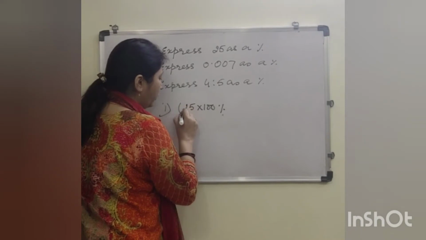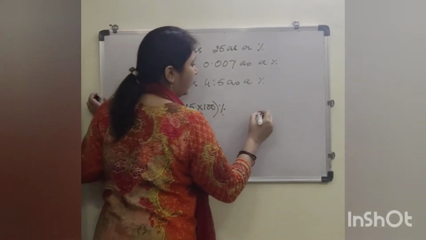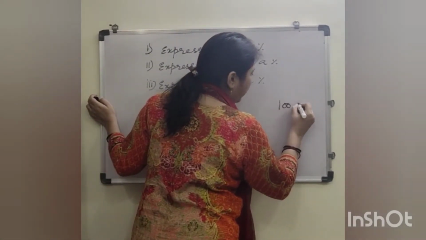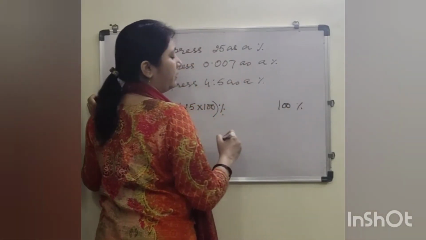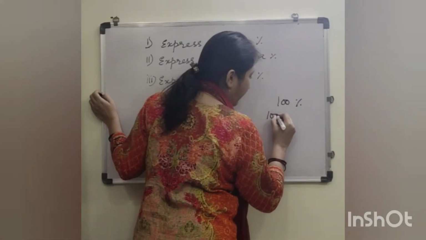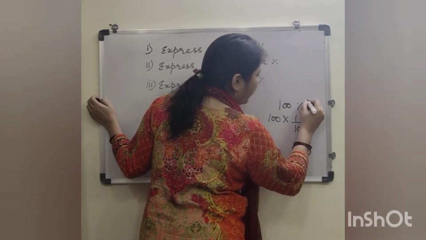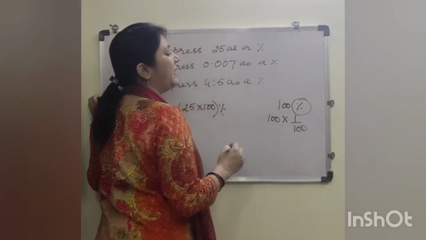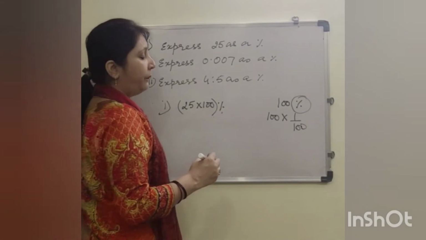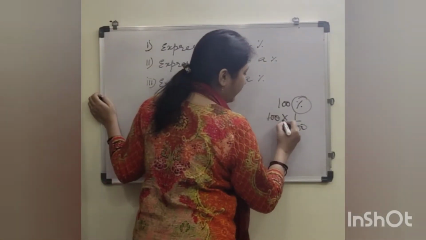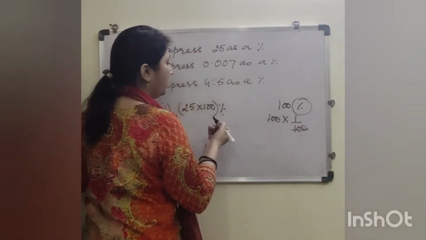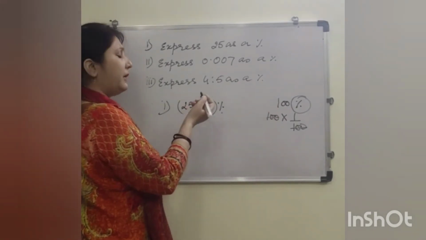Children, actually you are making no difference. 100% when we write, it means 100 multiplied by 1 upon 100. This sign of percentage means 1 over 100. So 100 multiplied by 1 over 100 is cancelled. So you will get the number itself.